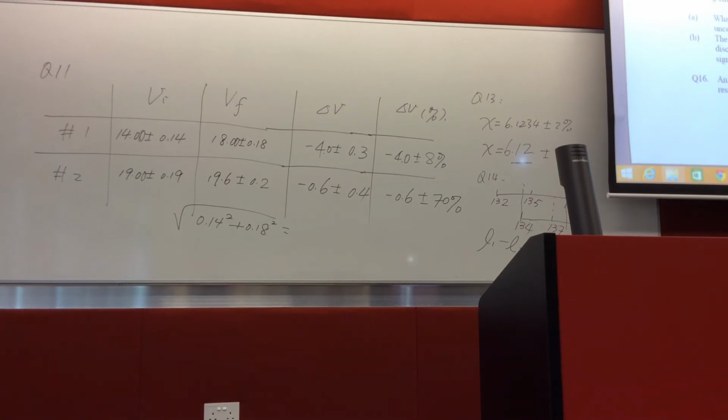How do you find the best estimate of these measurements? You do an average of these 5 measurements. So you will get 1.9, which is your average.